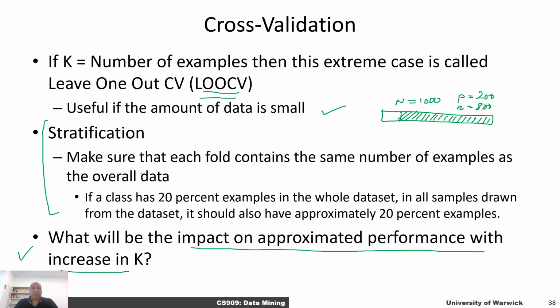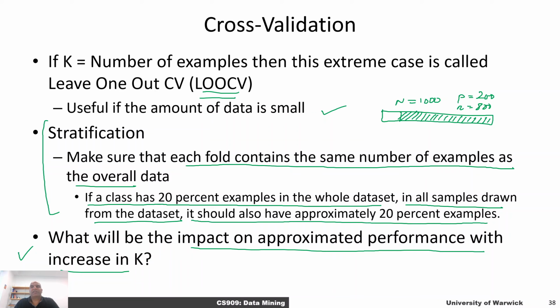So we need to ensure that each fold contains the same proportion of examples of a certain class as the overall data. If a class has 20% examples in the whole data set, then in all of the folds, each fold should have approximately 20% examples as well.